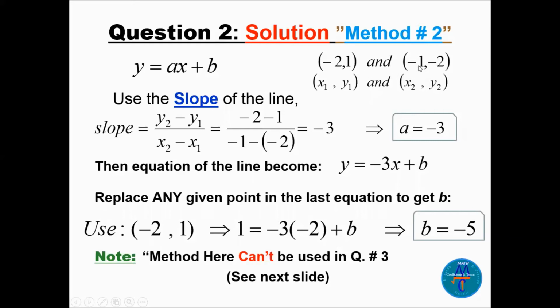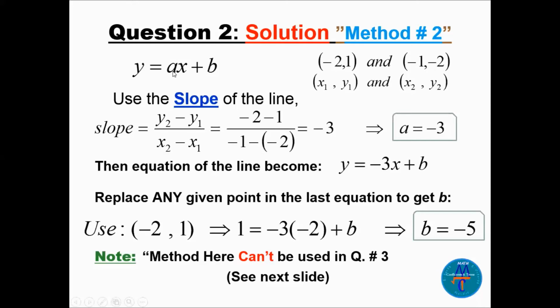Since these 2 points are on the line, I can use y2 for this point. y2 is minus 2 minus y1, minus 1 there. And then x2 is minus 1 minus minus 2. Do it slowly, please, and practice on it to see. So see, this number is minus 3.